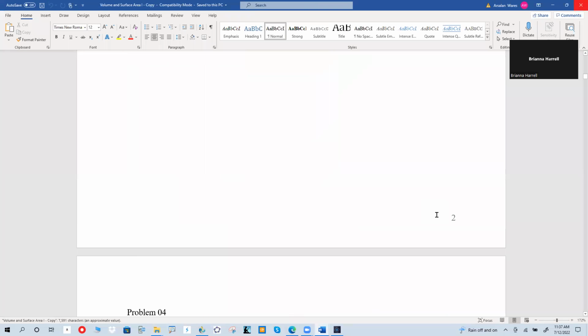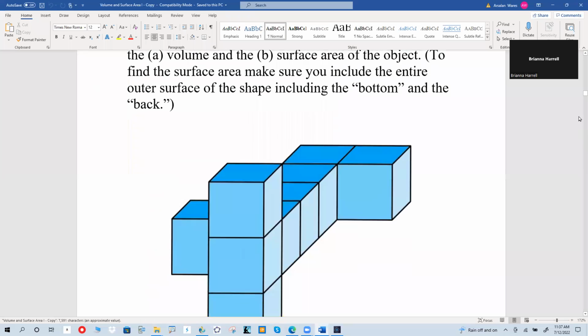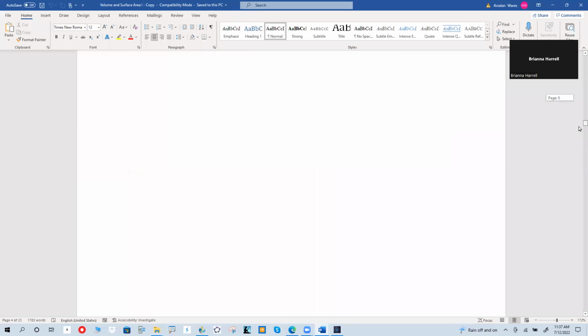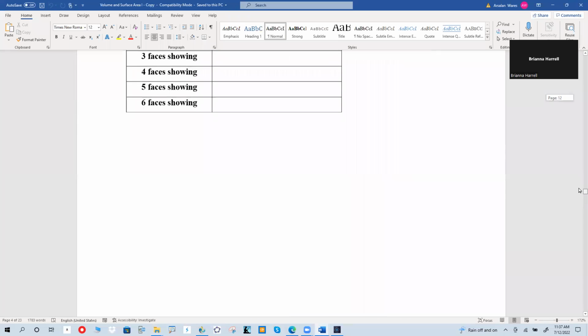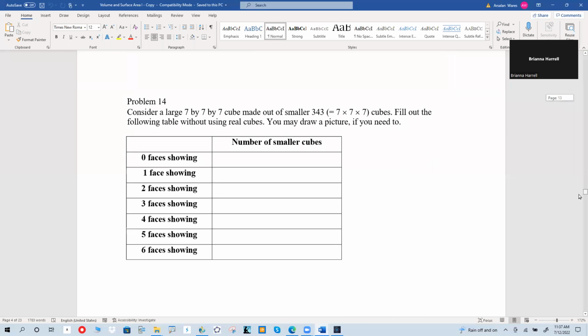Okay, so this is the document we used last class. It helps a lot because I kind of know where we stopped. We did this one, so we're going to work on this one.